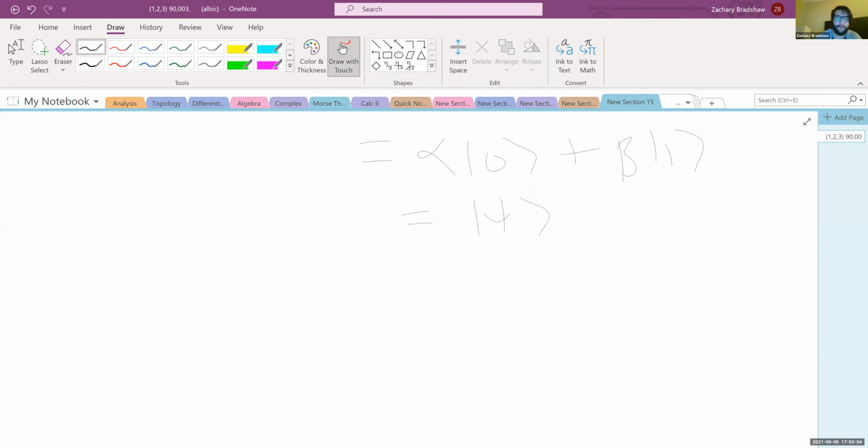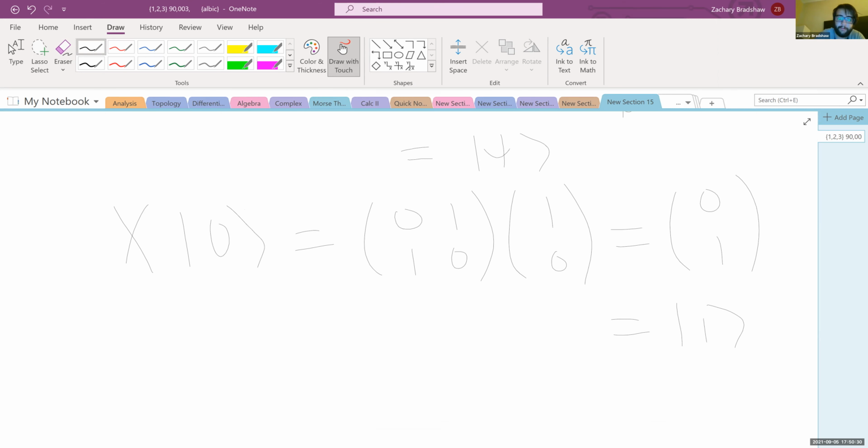So one that's maybe a little more interesting is the X operator. What does it do to 0? Well, X is the same as this matrix, 0 is the same as this column vector, we multiply them, we get 0, 1. And this is the same as the ket 1. And it does the opposite to the ket 1. It gives you 0 if you do the multiplication.